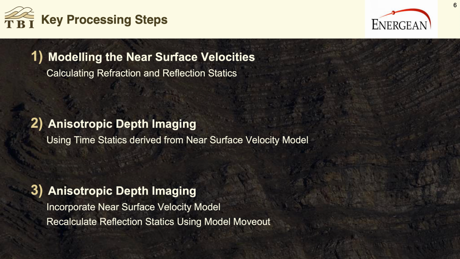The third step is incorporating the near-surface velocity model into the depth velocity model, in place of using the time statics as in step 2. This step can only be done once the depth velocity model has been finalized in step 2. Also, the residual statics have to be recalculated because they had previously been coupled to the refraction statics.